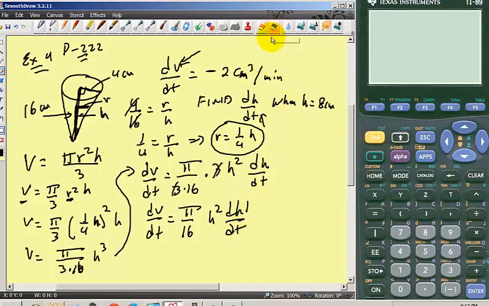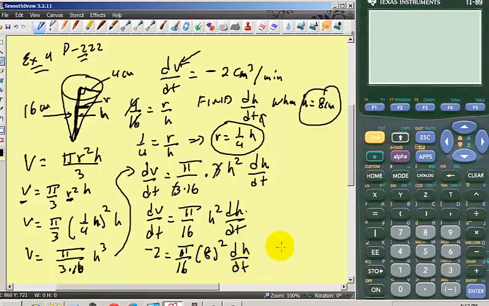Now I'm going to plug in all the information that I have. dV/dt is -2, so I'm going to put in -2 for my dV/dt. And I have a pi over 16, and my h at that instant is 8 centimeters, so 8 squared, and then I have dh/dt.